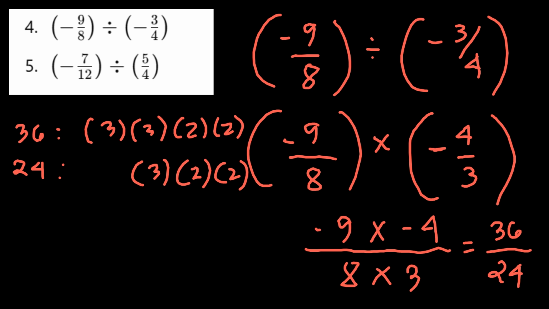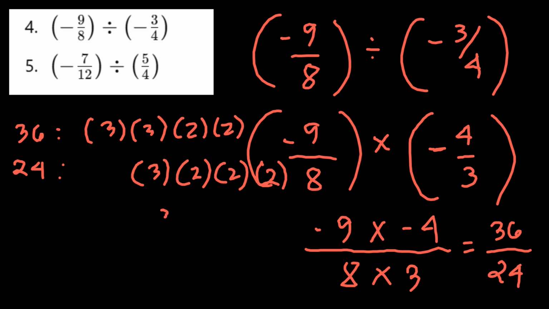Yes, that's true. And for 24, we have 3 times 2 times 2. 3 times 2 is 6, and 6 times 2 is 12. Oh, we're missing another 2 here.